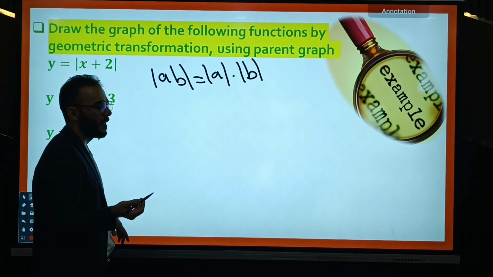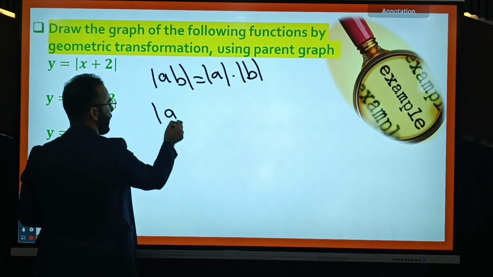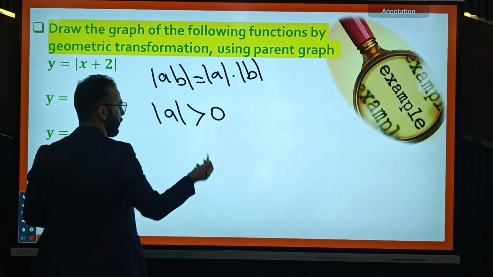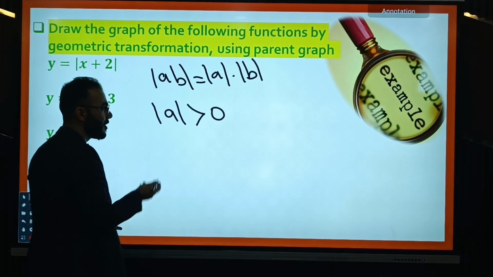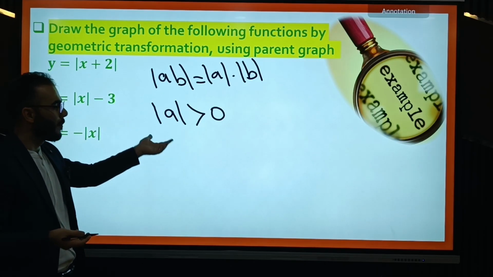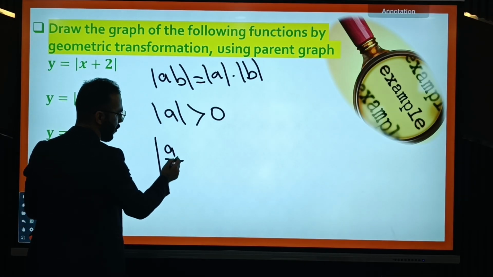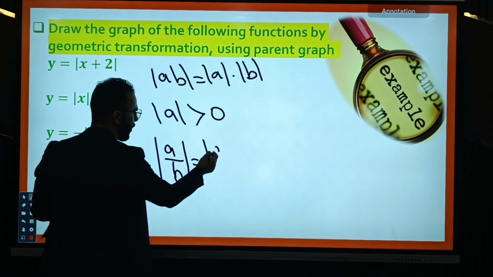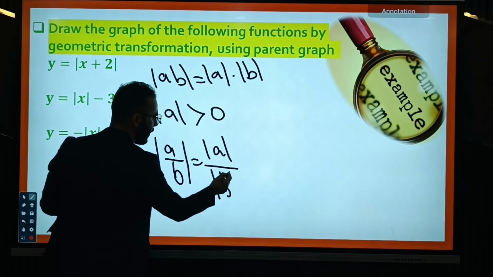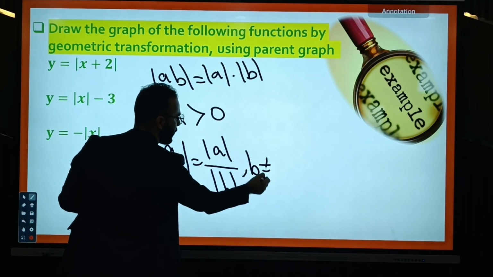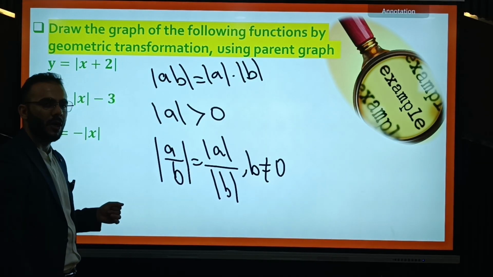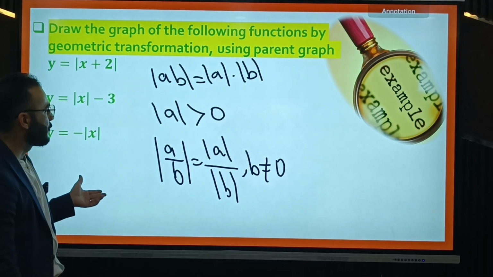These are the characteristics of absolute value functions. And absolute value of a is always greater than or equal to 0. It's positive. We have got more, by the way. For example, absolute value of a over b is the same as absolute value of a over absolute value of b, when b cannot be 0.